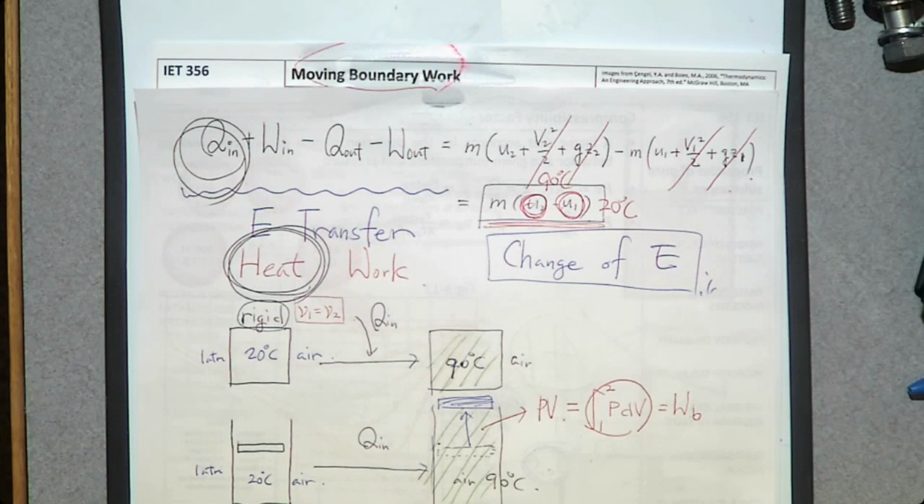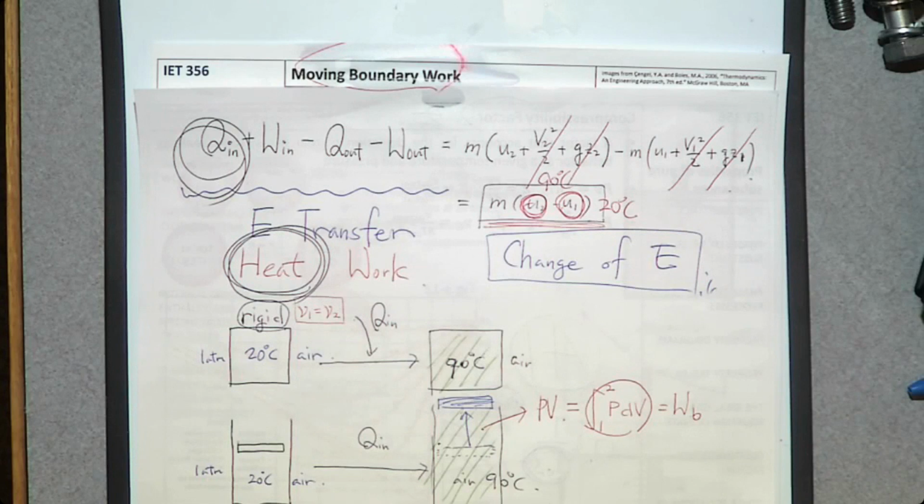If there's a compression, it is the work done by the surroundings on the system. So that's the direction. The direction of energy transfer is extremely important. When there's an expansion, moving boundary work WB is going to be positive, so that's W out. When there is a compression, it's going to be W in.